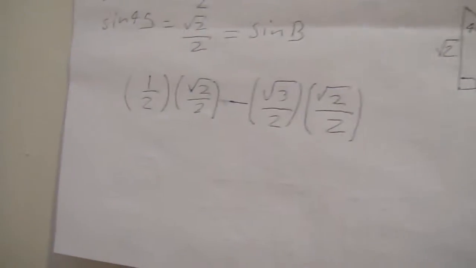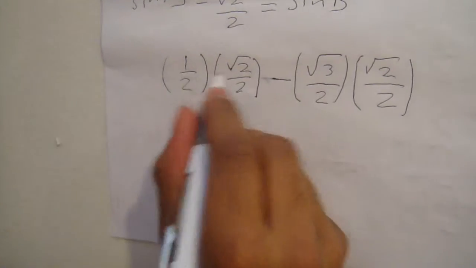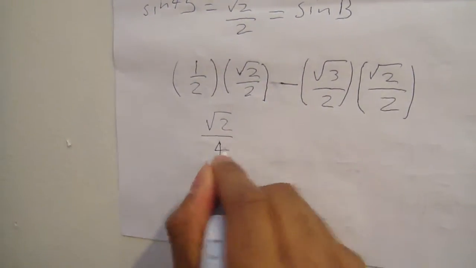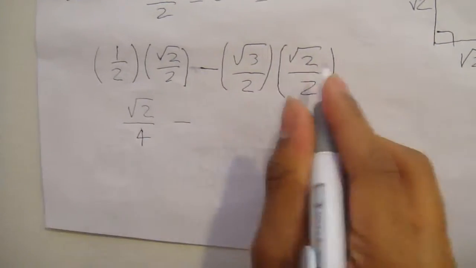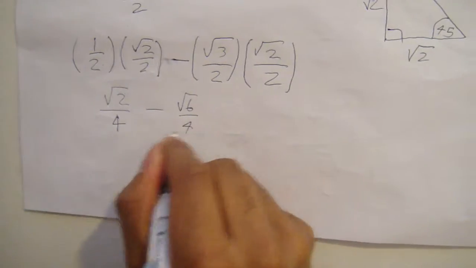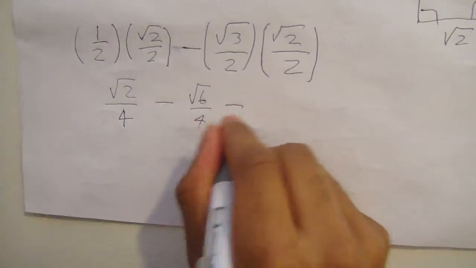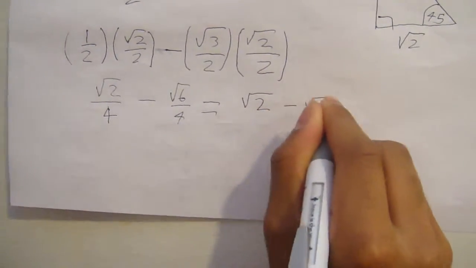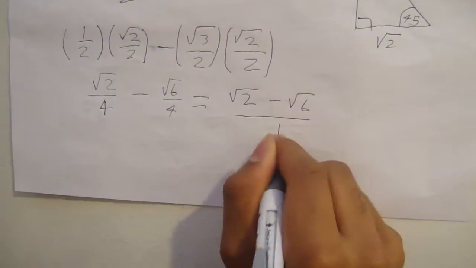So now we just solve this. This would equal rad 2 over 4 minus rad 6 over 4. Since they have a common denominator, we can subtract them, which would equal rad 2 minus rad 6 over 4.